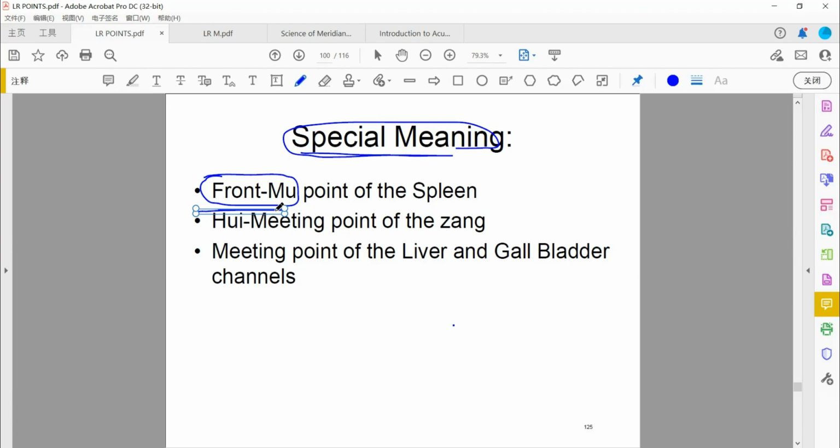If there are too many pathogens in the organs, in the relative organs, we can use the He-Sea point to reduce those pathogens, especially the fu organs, right?